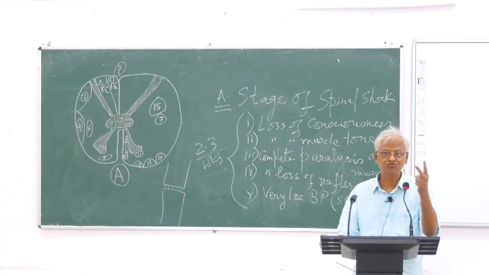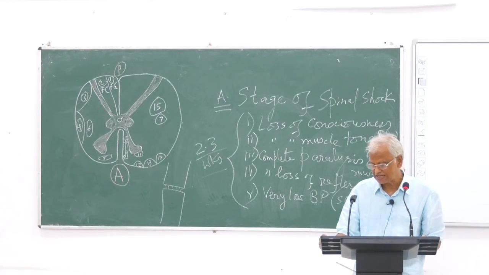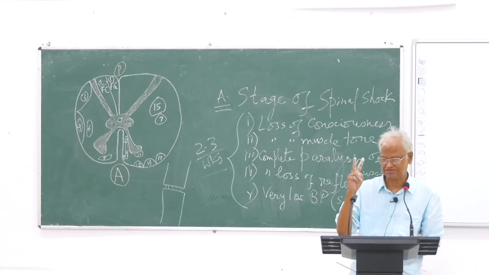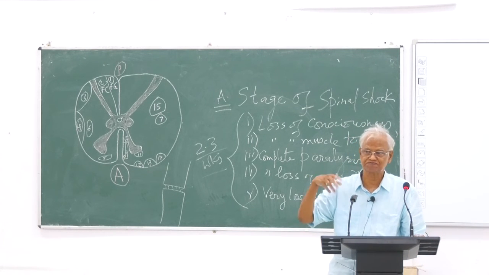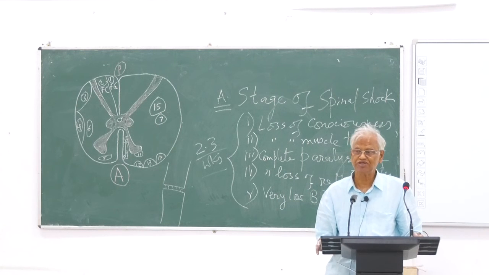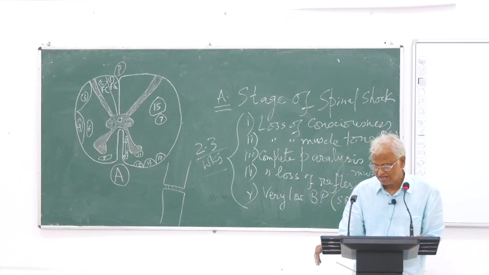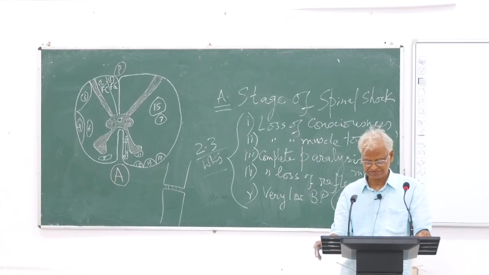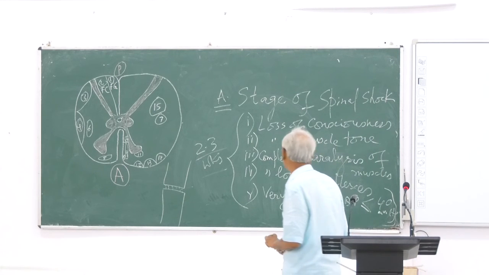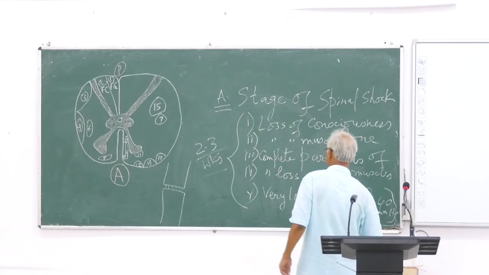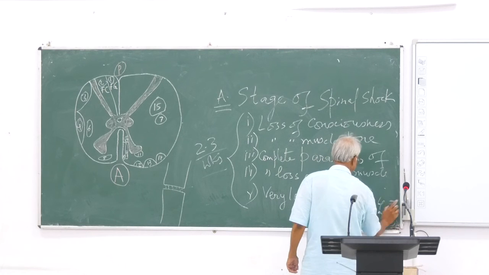So what are the two main mechanisms of recovery? In two simple words, one is sprouting collaterals. New collaterals are created. And denervation hypersensitivity. Now the second stage, stage B. Hypersensitivity.